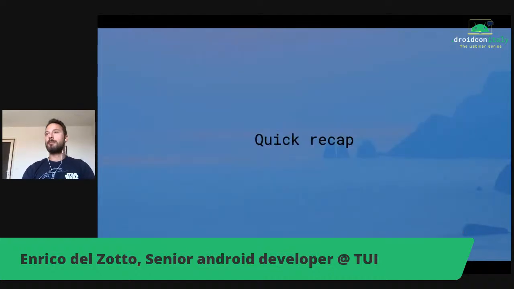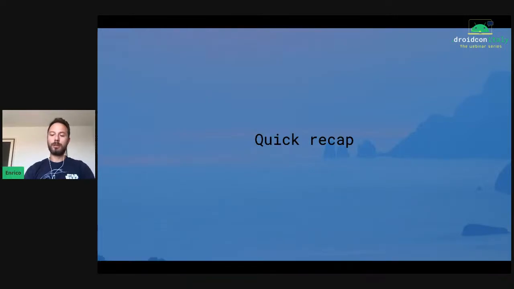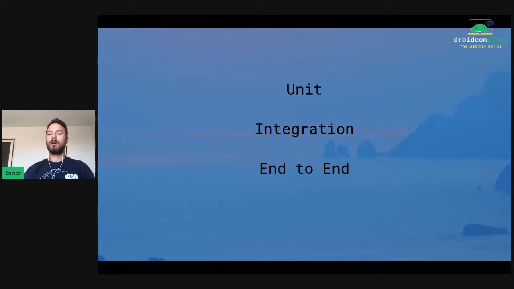So just a quick recap in order to be aligned on what we will talk about in this presentation. We spoke some time ago about unit, integration and end-to-end tests, which are organized again in different levels and can run in different platforms. You can run unit, integration and end-to-end tests on your device, or in the Firebase cloud, or in the JVM emulated machine.